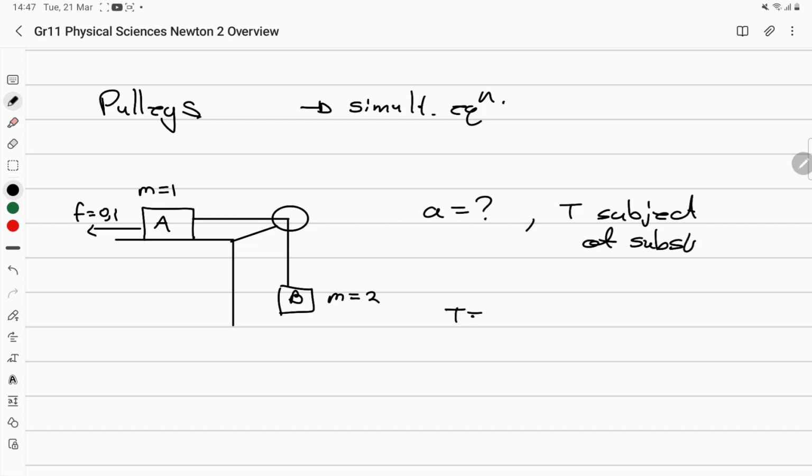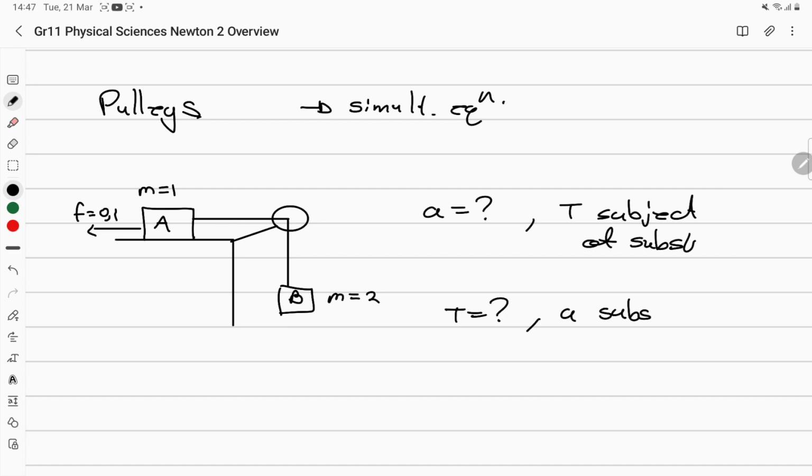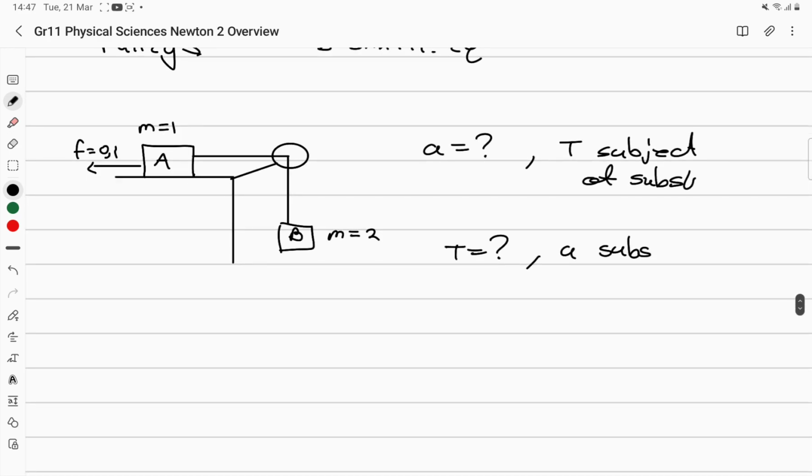If they want the tension, then you make A the subject of your substitutions. So when you substitute A into the other A, because they'll be identical, and in the first case you substitute T into the T of the other equation because the tension in the rope is the same everywhere. Now, let's determine the acceleration there.